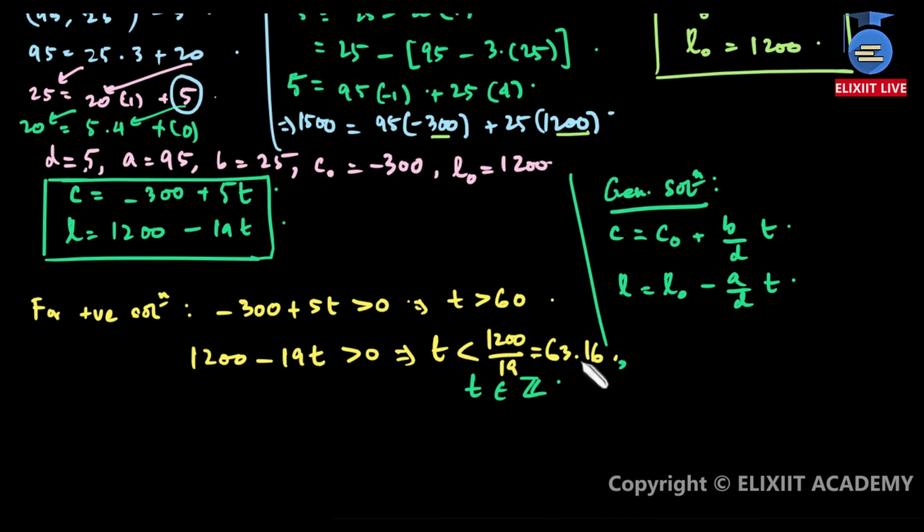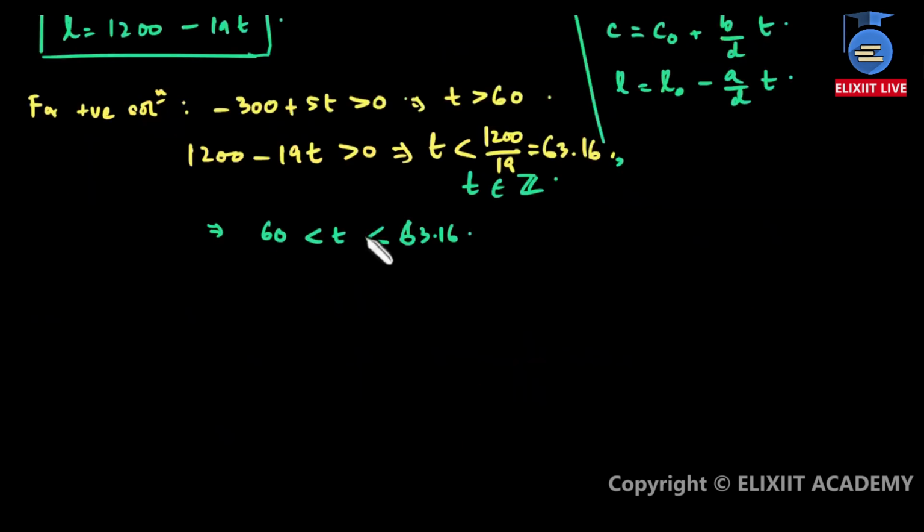Corresponding to this value of T, find out what T is. Combine these two: T is greater than 60, and T is less than 1200 by 19, that is 63.16.